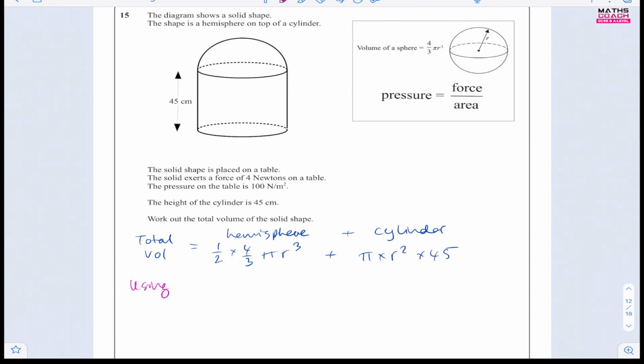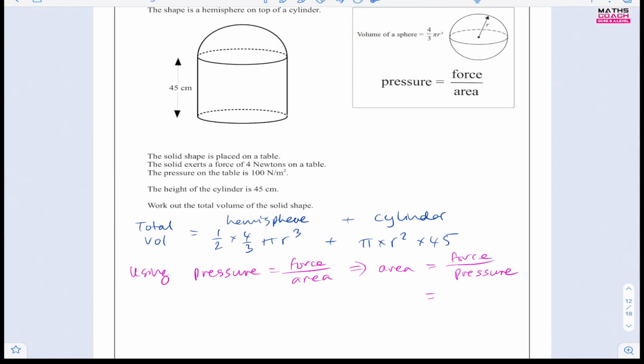Using the pressure formula, pressure is equal to force divided by area, we can rearrange this so that area is equal to force divided by pressure. We know that the solid exerts a force of 4 newtons, so that would be 4 divided by the pressure, which is 100.